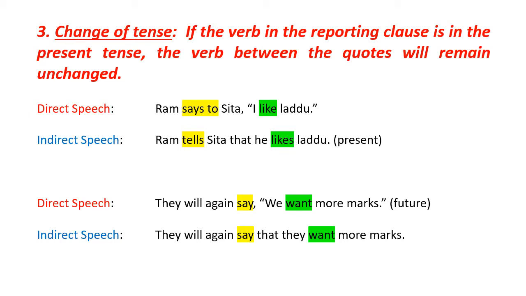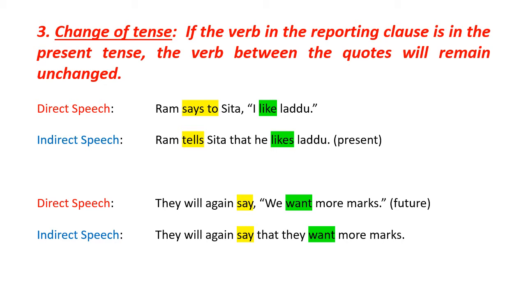Direct speech. Ram says to Sita, I like laddu. In indirect speech, Ram tells Sita that he likes laddu. In the direct speech, the reported part is in simple present tense.